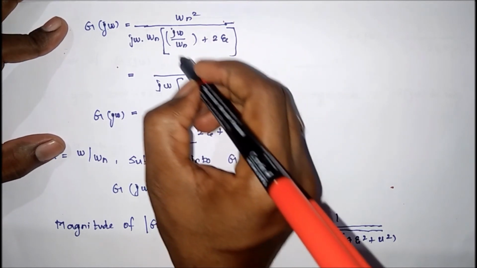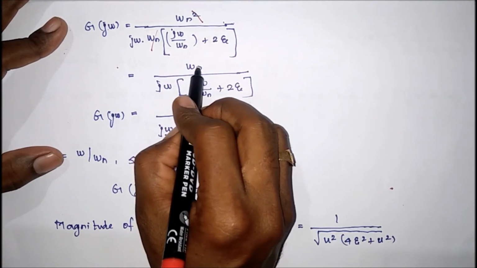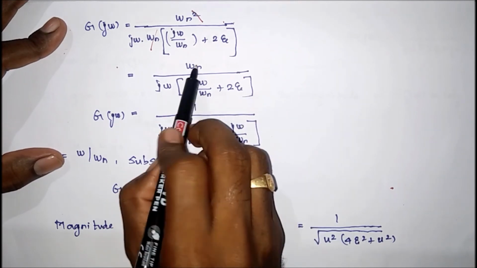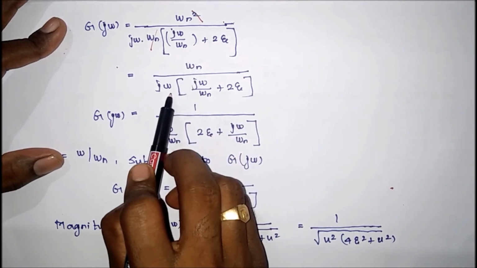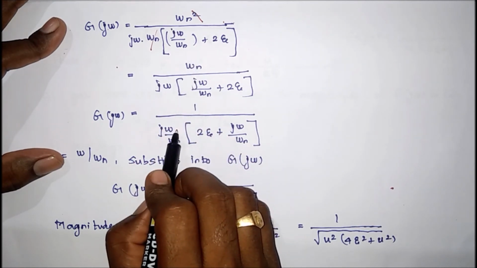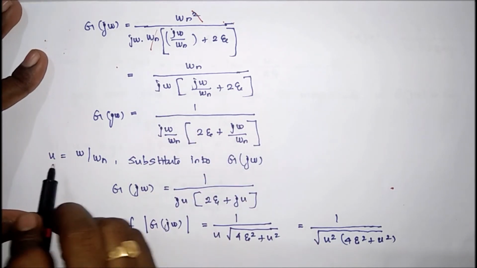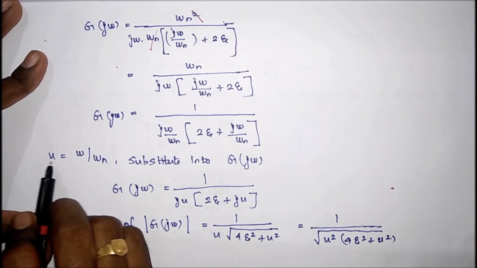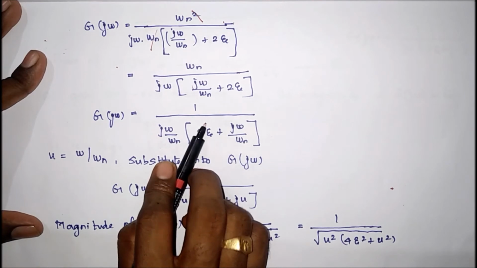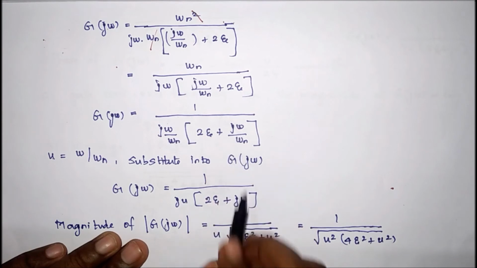Now this omega n square will cancel, therefore omega n divided by j omega into j omega divided by omega n plus 2 eta. Now we bring this omega n to the denominator side, so we can write 1 by omega n, and this term will become like this. Now for simplification we consider u equal to omega divided by omega n. We substitute into this equation, so omega divided by omega n will become u.